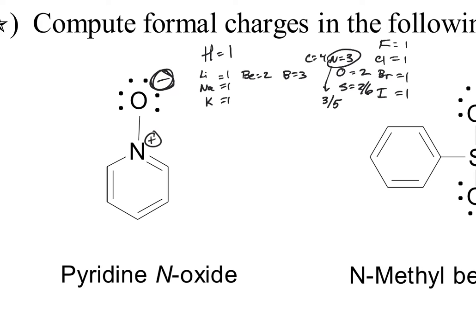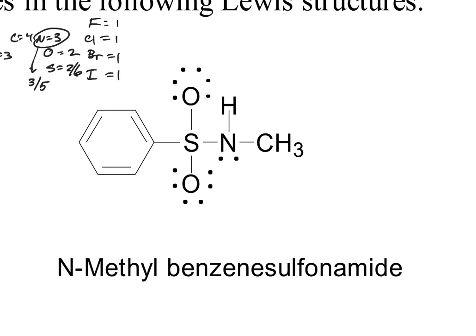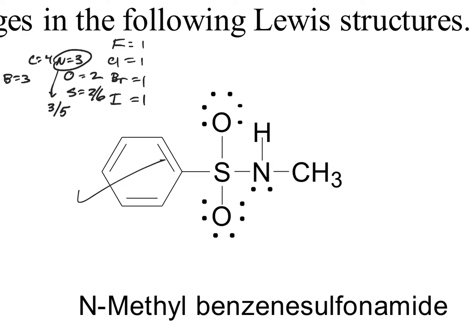So that's pyridine N-oxide. Over here, again, we can ignore this. We're assuming the hydrogens are being implied. Now, oxygen has 1 bond, so negative, 1 bond, negative. Carbon here is 3 hydrogens and a nitrogen bonded to it, so that's 0. You have the sulfur in the middle.